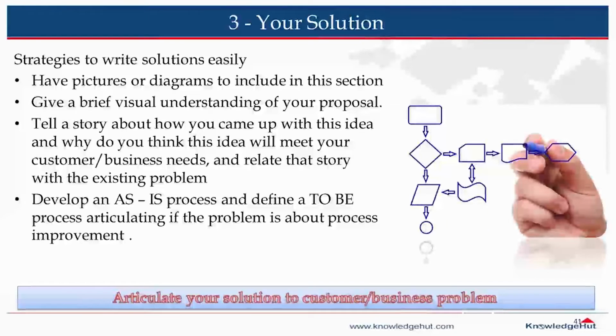We can probably take some example and then see what kind of visuals we can use for a solution. Of course, we will use visuals for our cost benefit analysis and things like that.